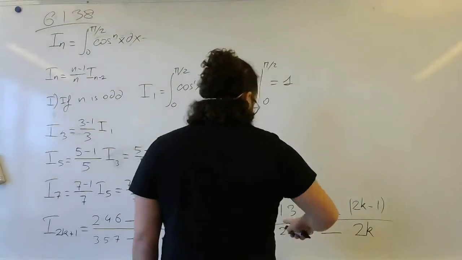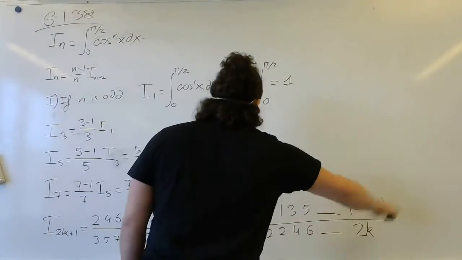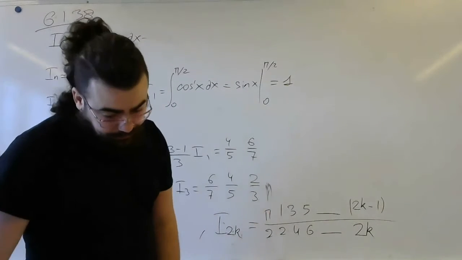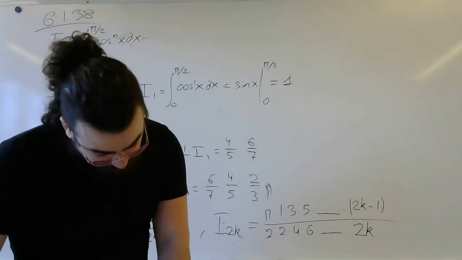So the product of all odd numbers times the product of all even numbers, and we want to show you.